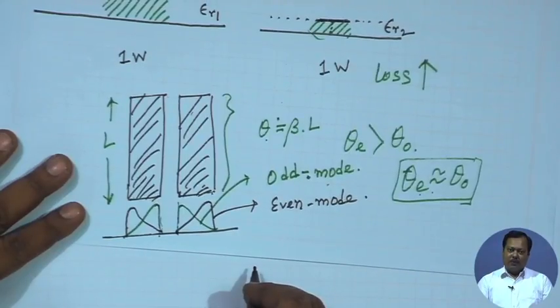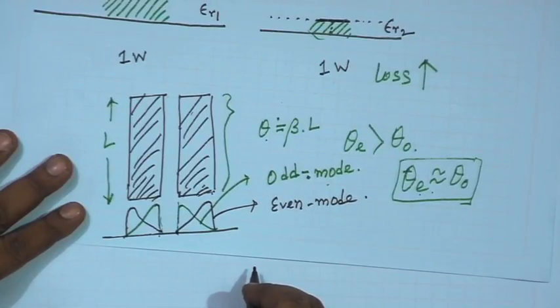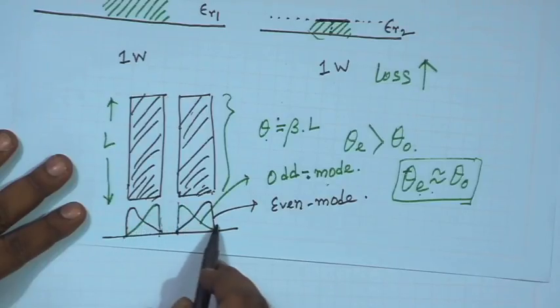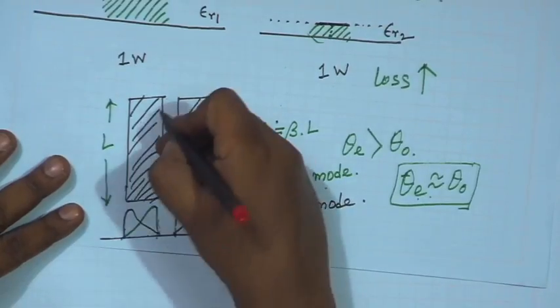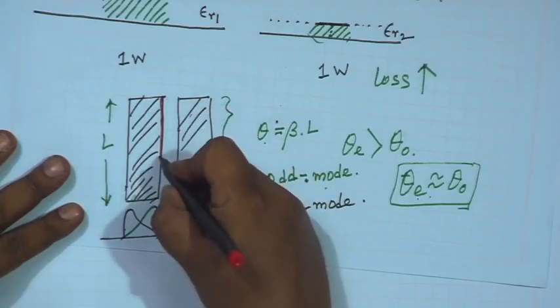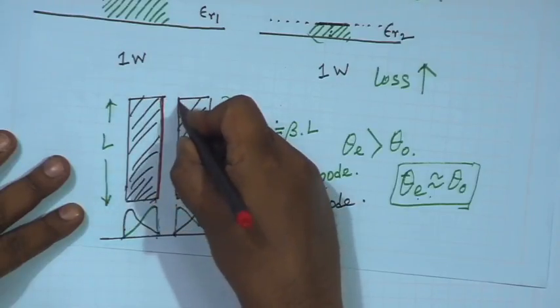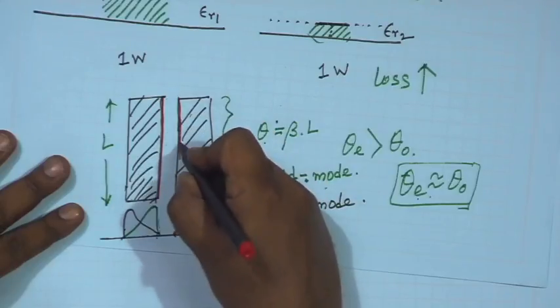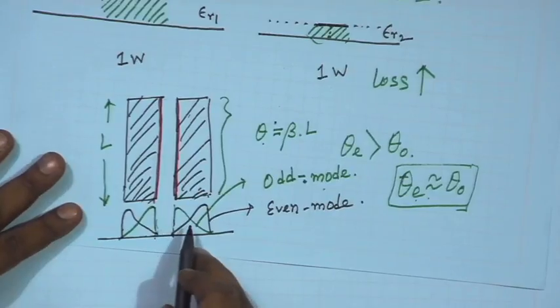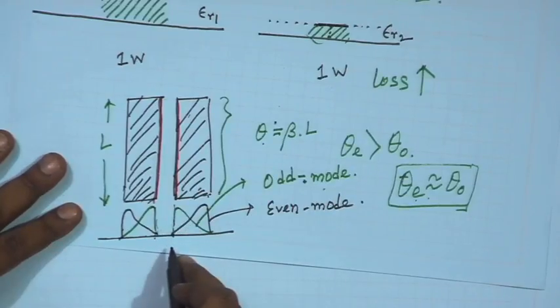This is one way. Another popular way, noting that the current distribution is different: since the current distribution for the odd mode is higher at the inner edges, if I perturb the inner edge, most probably it is going to perturb the odd mode characteristics.